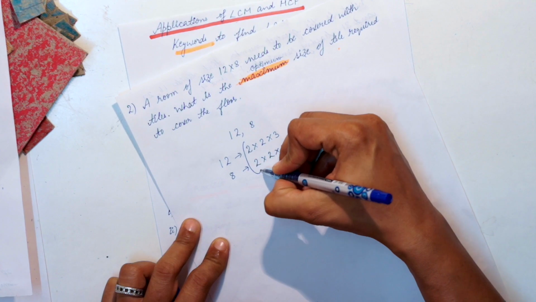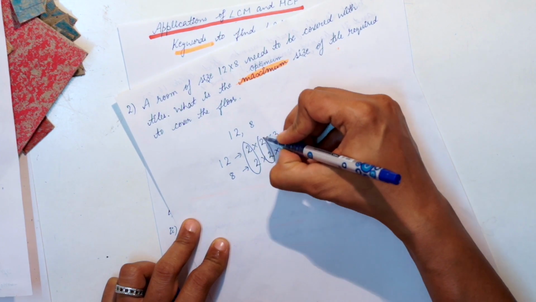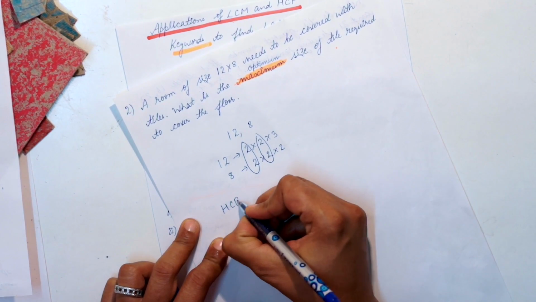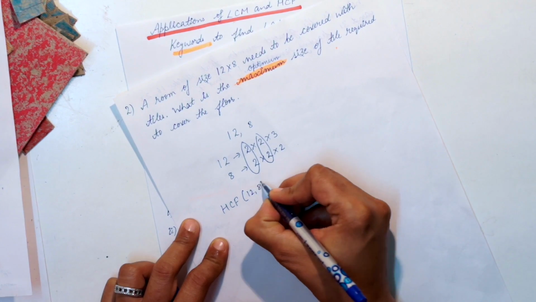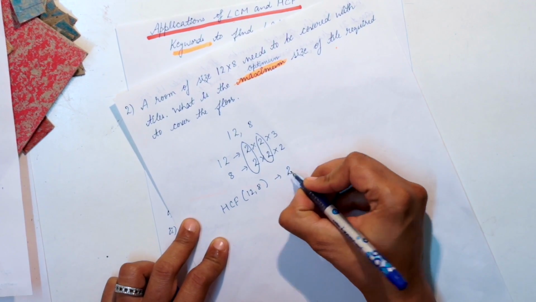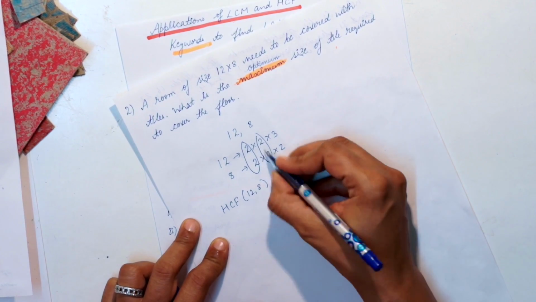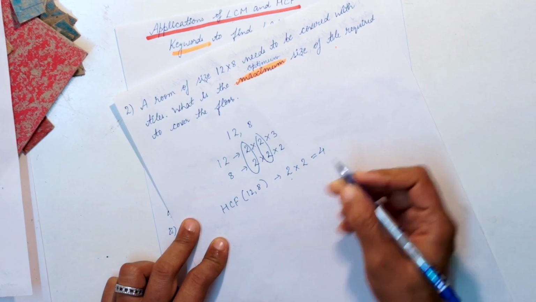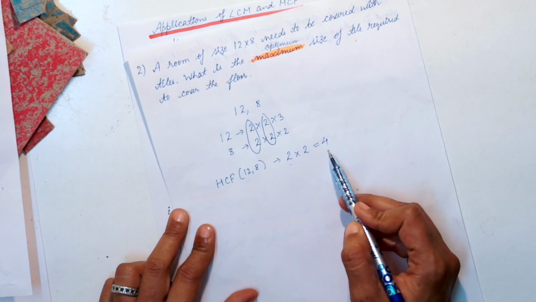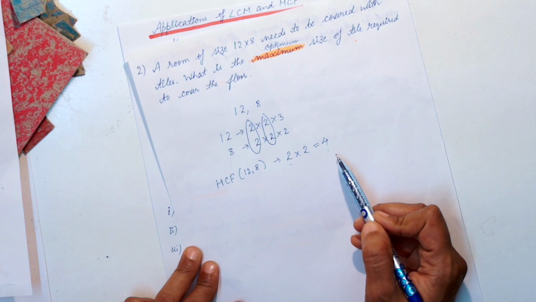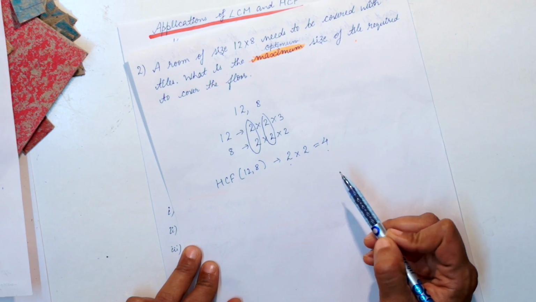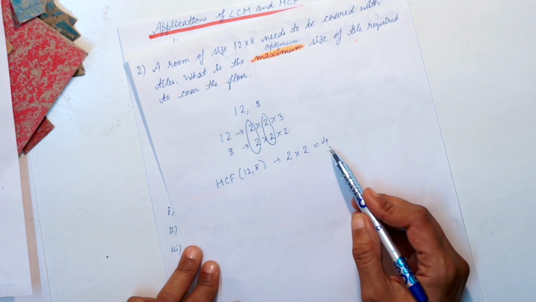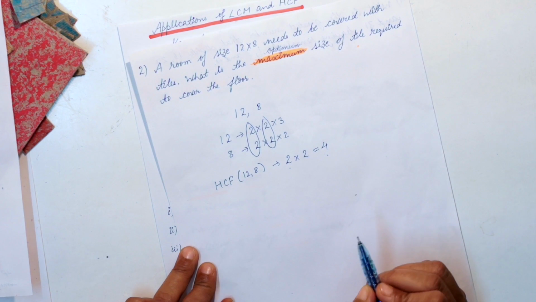So how to find HCF? 2 is common in both. Again 2 is common, so I am taking it one time. 2 2s are 4. So in the activity also we got the answer 4, and by solving the problem using numbers, I also got the same answer 4.